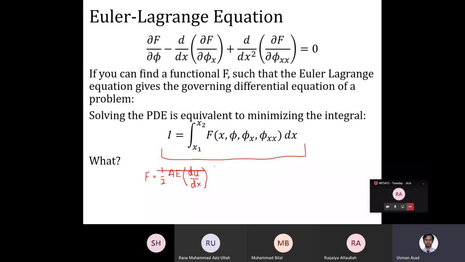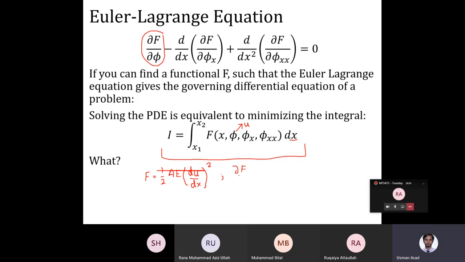ठीक है? So यहाँ पे phi की बजाय हमारे पास the thing that we are using is called u. X is still called x, right? So what is going to be this first term? Partial f by partial u. यहाँ पे एक स्क्वायर था by the way. हमने ये सारी की सारी टर्म्स कैलकुलेट करनी है, राइट?